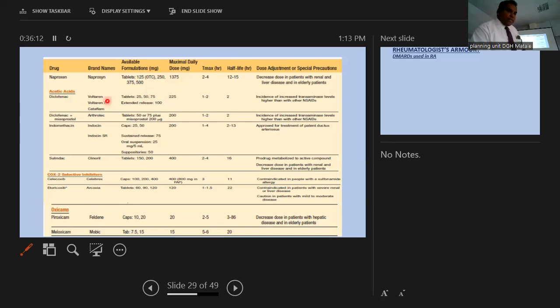graph from Kelly's textbook of rheumatology, and I just want you all to look at 2 things only: the Tmax, that is of each NSAID, and the half-life. So naproxen would take about 2 to 4 hours to act, and it would last about 12 to 15 hours.